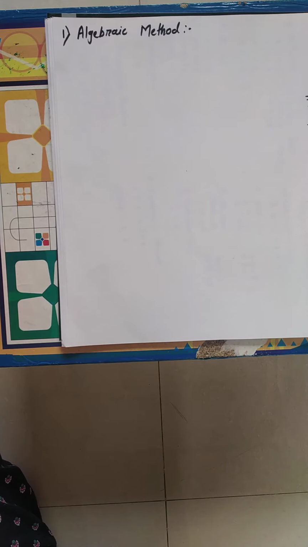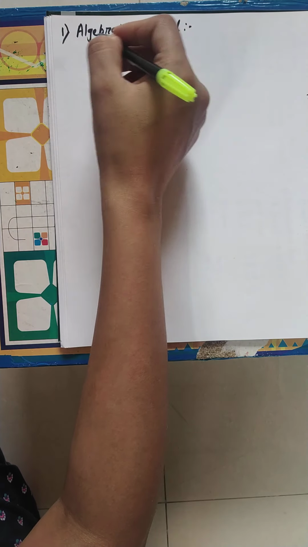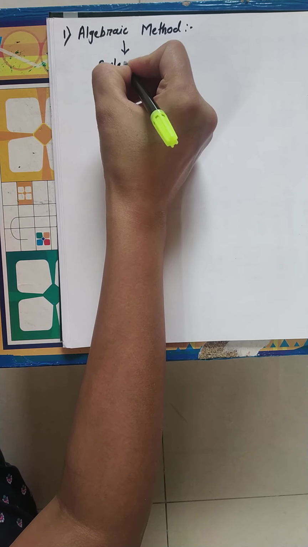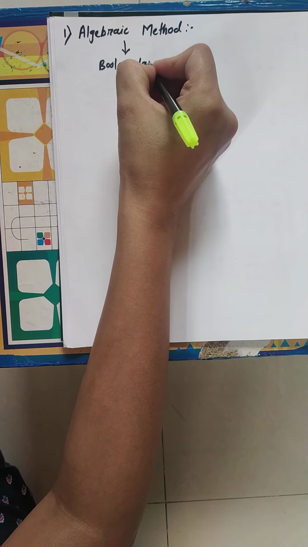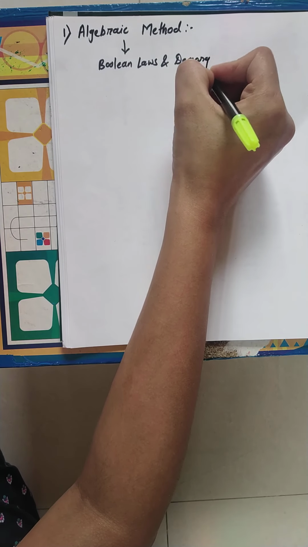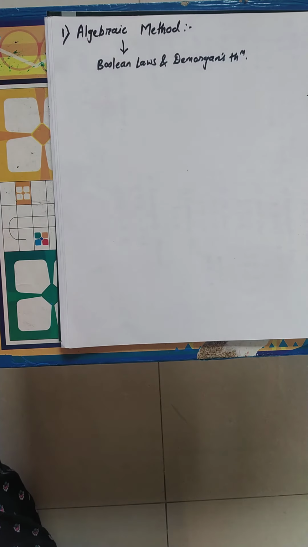The basic requirement for simplifying the Boolean equation using the algebraic method is Boolean laws and De Morgan's theorems. I had already explained what Boolean laws and De Morgan's theorems are in a previous lecture.